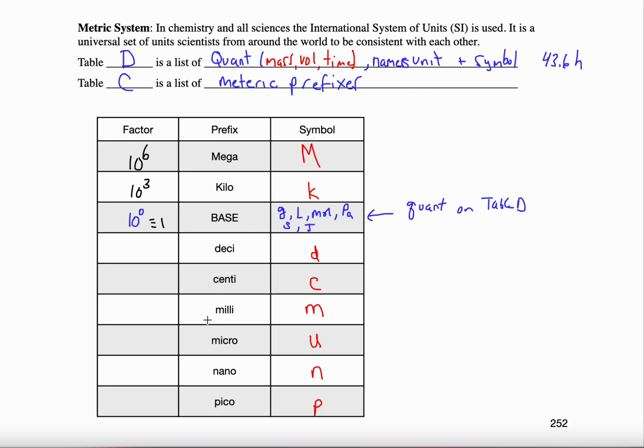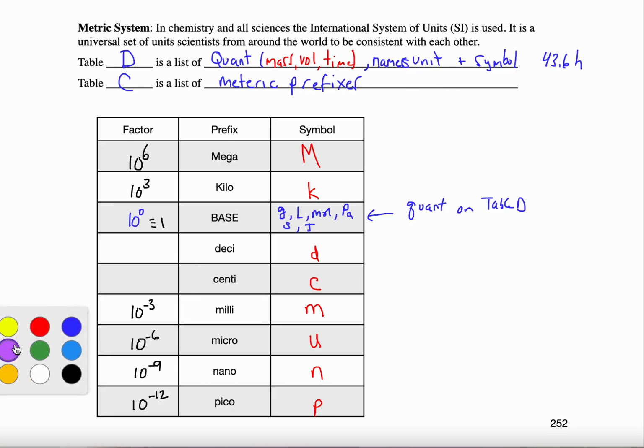I'm going to skip down to milli. Milli is 10 to the minus 3 power. Micro, I hope you're starting to see a little pattern here, is 10 to the minus 6. Nano, 10 to the minus 9. Pico is 10 to the minus 12 power. I know, I skipped over deci and centi.